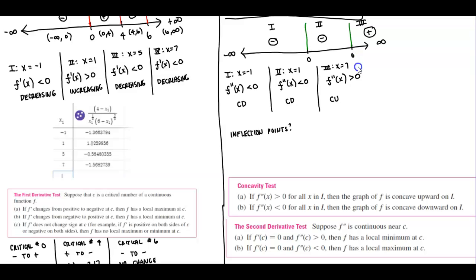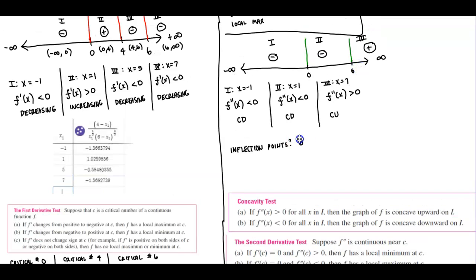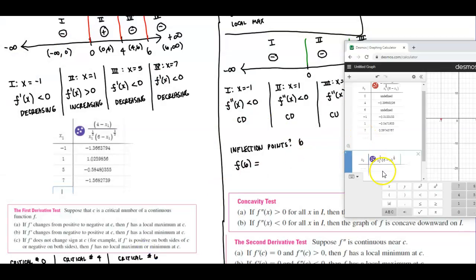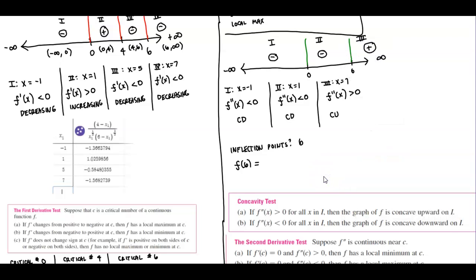So therefore, 6 is an inflection point. If 6 is an inflection point, then we want to find f of 6. So let's evaluate that in our function. If we put in 6, then we get 0. So the inflection point is going to be at (6, 0).